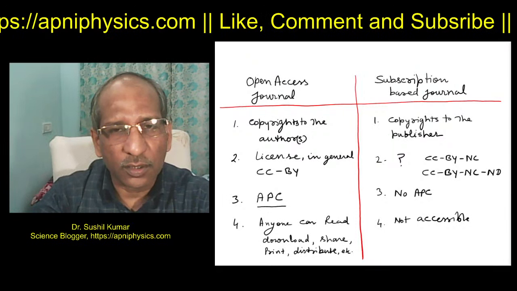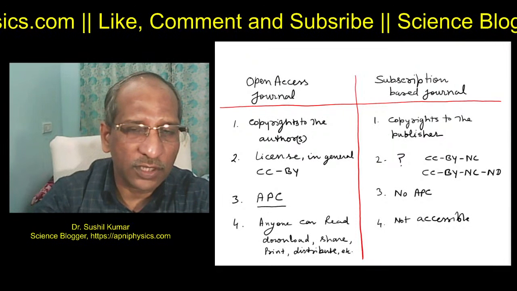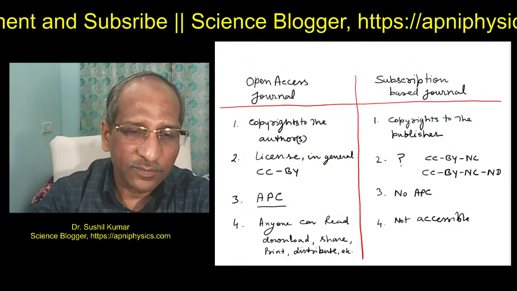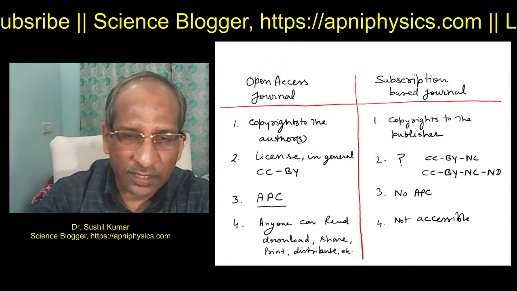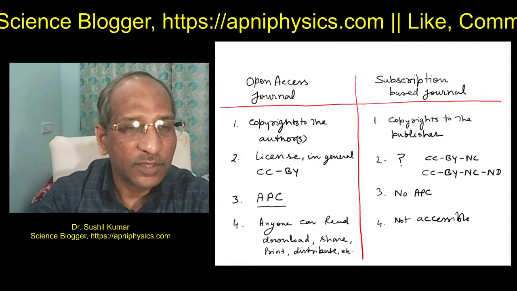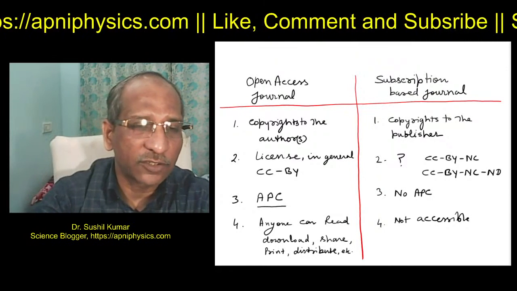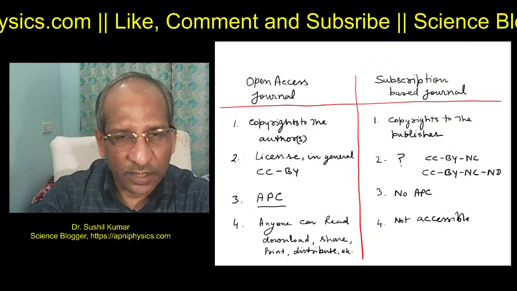So with open access journals you get more citations, but there are some specific areas in which they get maximum citations in open access journals, right?